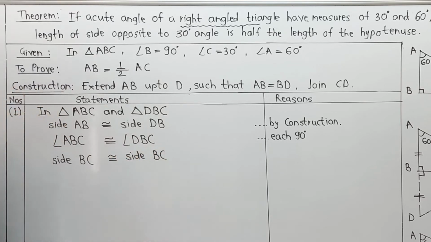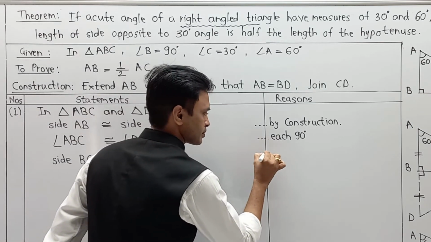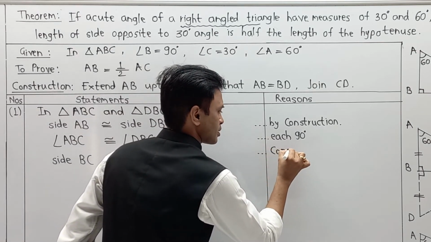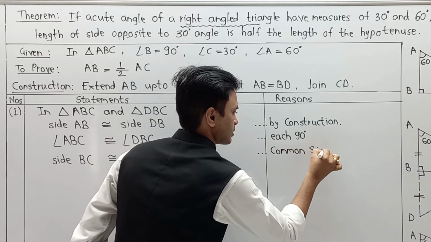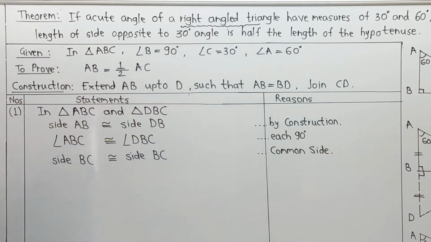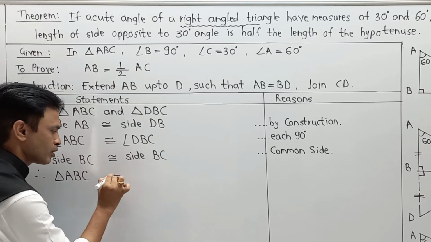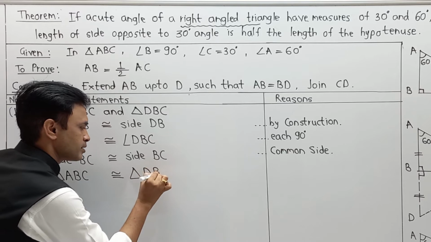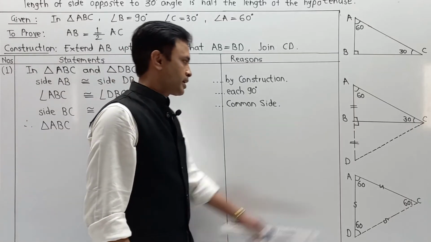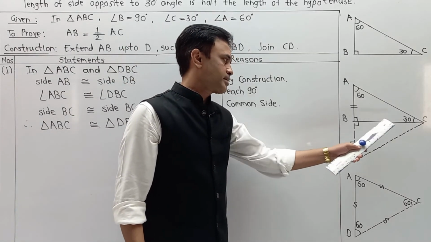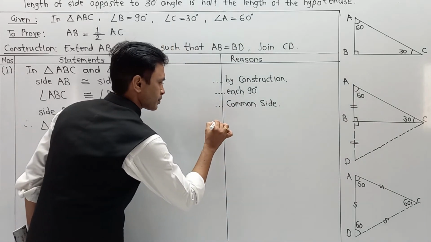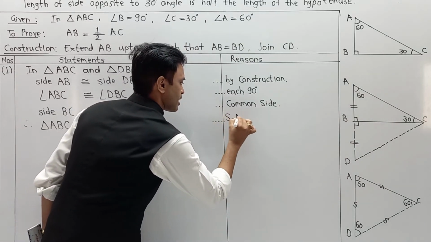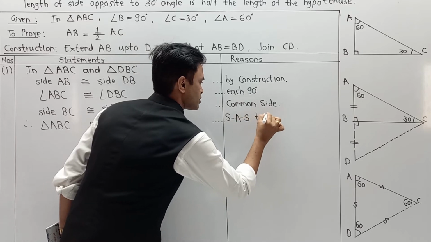You can say common side or same side. Therefore, triangle ABC is congruent to triangle DBC by the side angle side test of congruency, the SAS test of congruency.